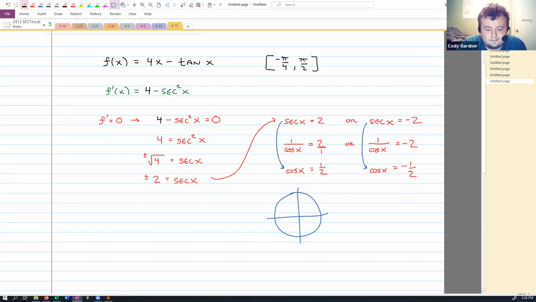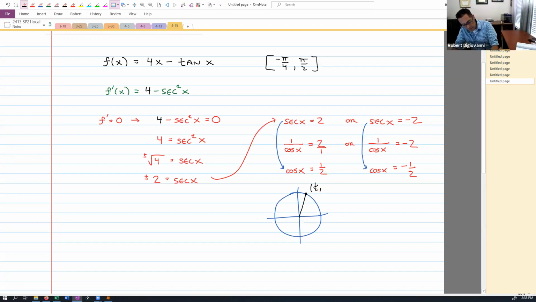I said 2 pi over 3. It's 60 degrees, right? My bad, because your x coordinate there is negative. Now, 2 pi over 3 is correct for the other one, but hold on, we're not done. Here, that's where the x coordinate is 1/2.